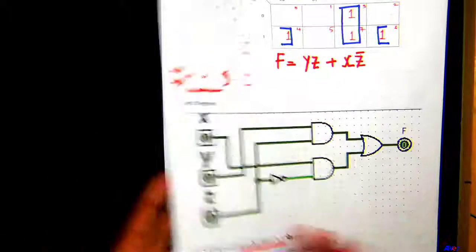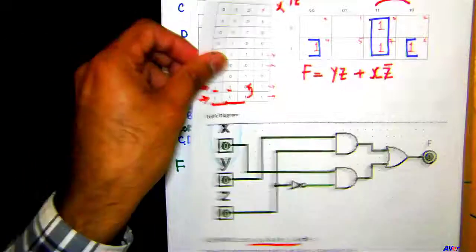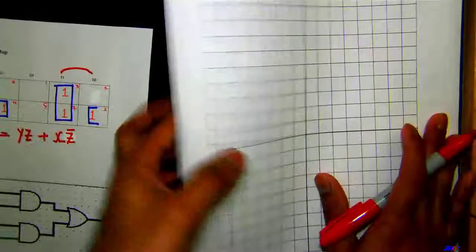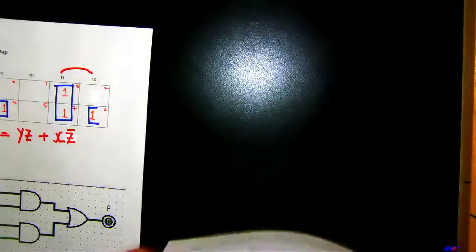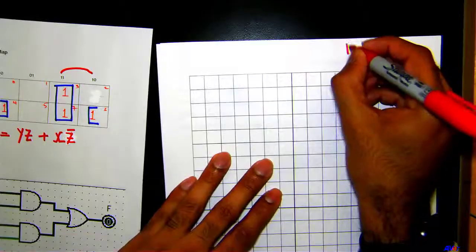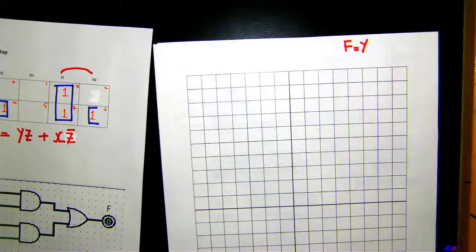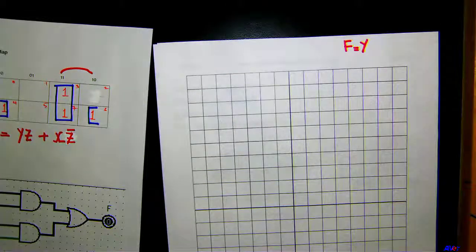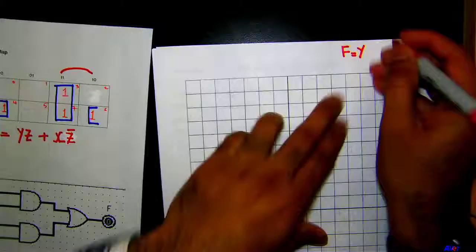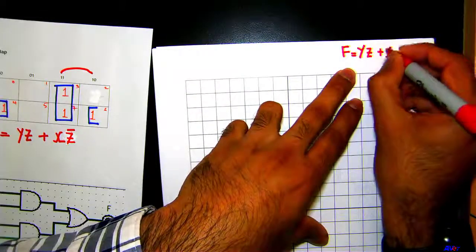Let's see. Let's go to that graph paper. Okay, I'm just going to write the expression that I got from the K-map over here. YZ plus XZ bar.